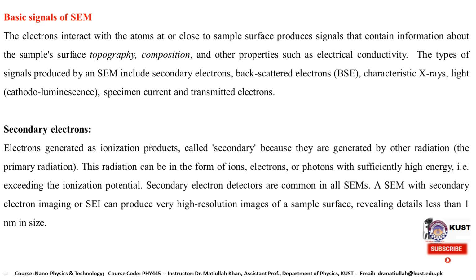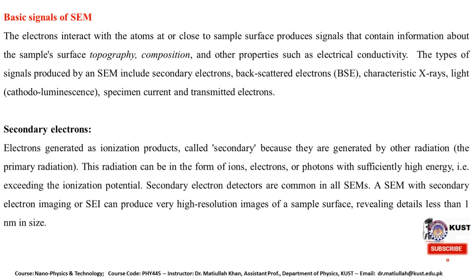The first part is the secondary electrons. The secondary electrons are produced when the primary electrons, the electrons produced in the electron gun, strike the surface of the sample. The electrons are generated as an ionization product, and they are called secondary electrons because they are generated by other radiation.